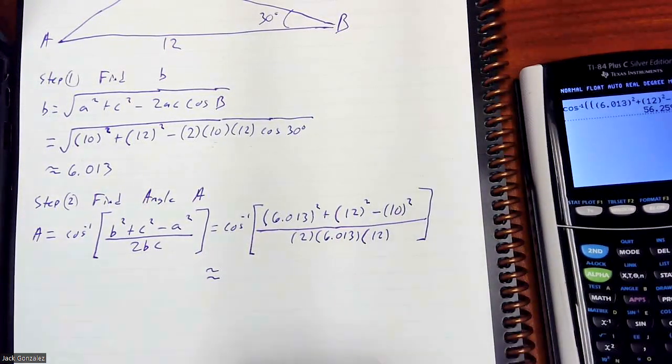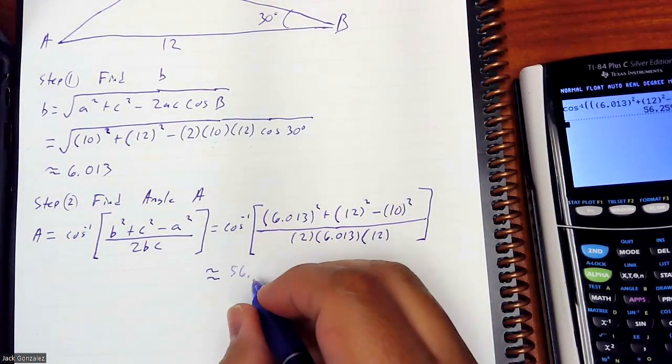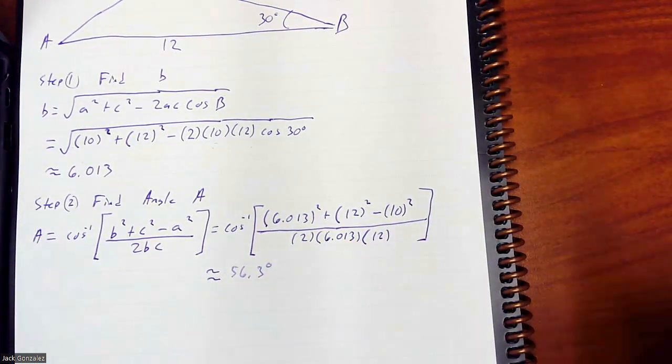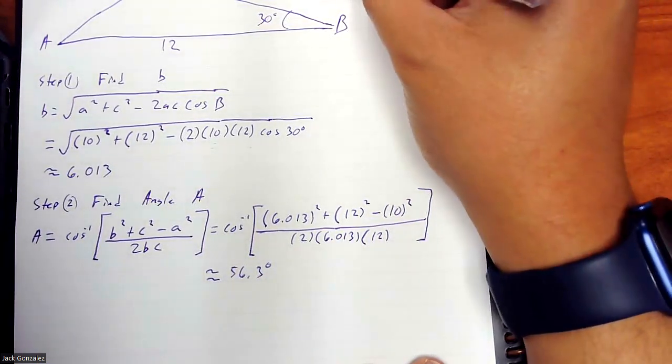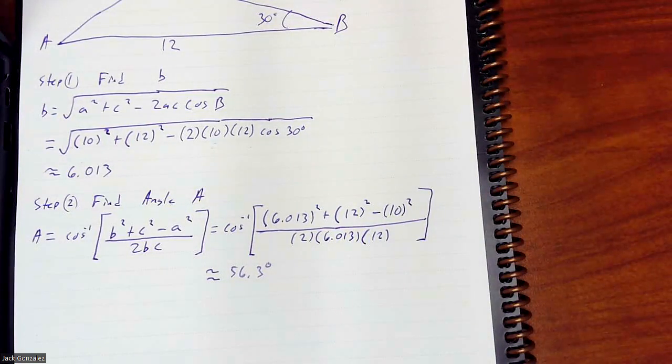There should be about 56 point, I don't know, to 1 decimal place, I guess. But once you have 2 angles, you can find the third, right? It's no big deal. Just subtract from 180 and you're done.